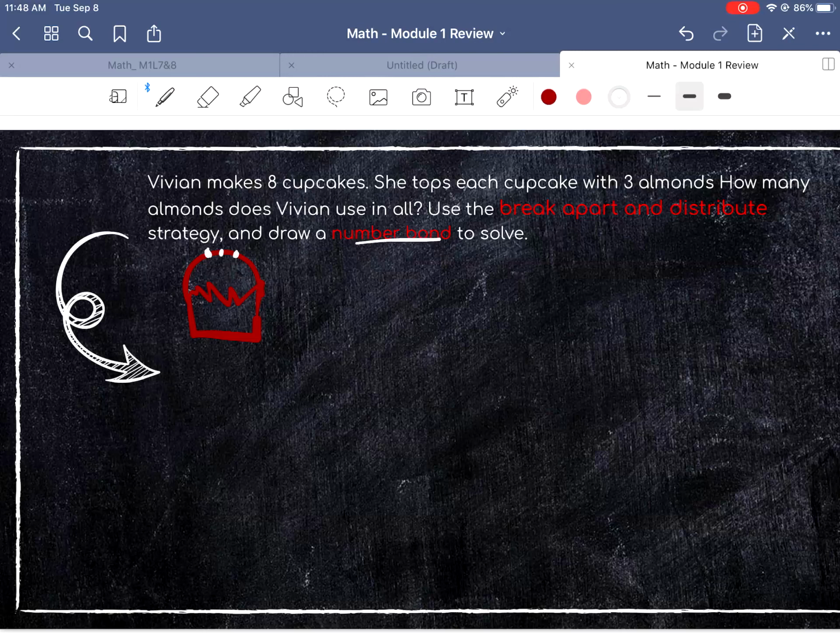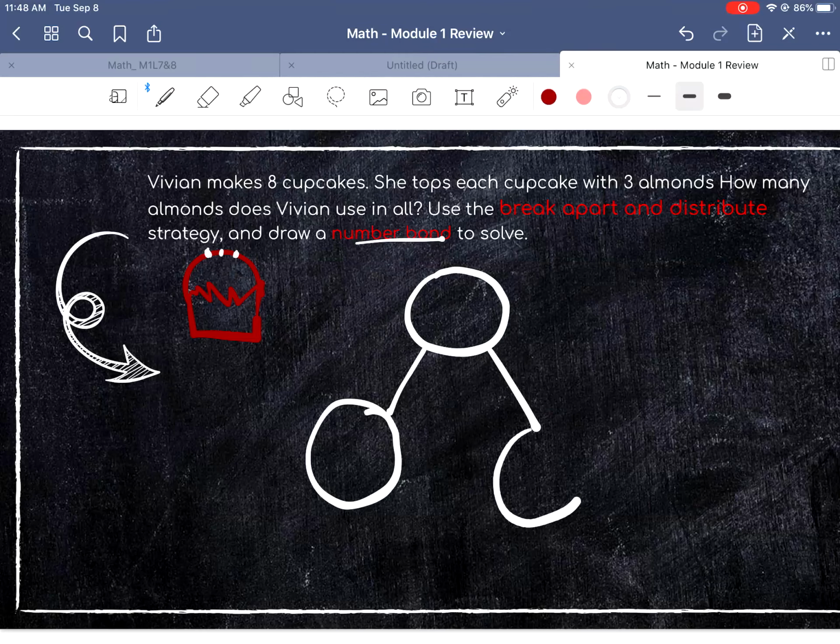So I'm going to use break apart, distribute, and a number bond. First, I'm going to draw my number bond. And this is also one way to use the break apart and distribute strategy. So here I'm going to put 8 times 3 because there are 8 cupcakes and each one has 3 almonds on top.